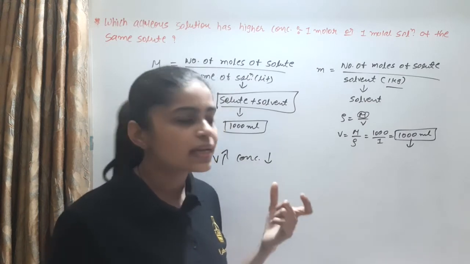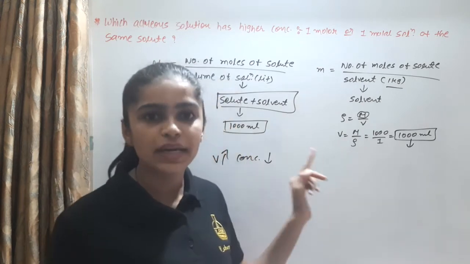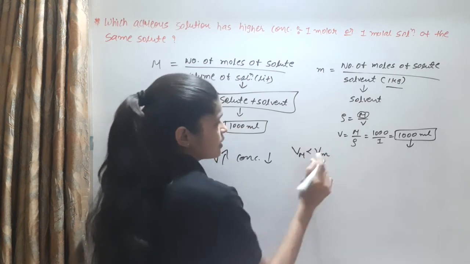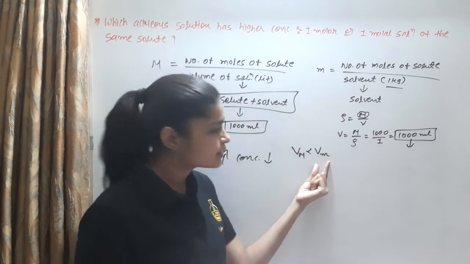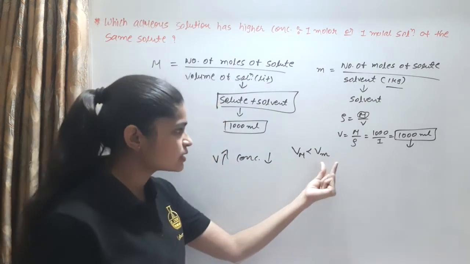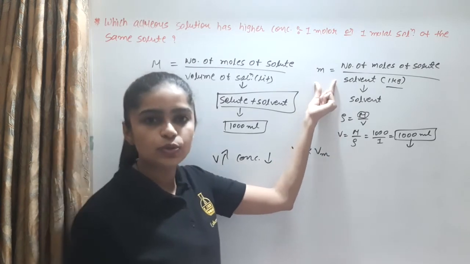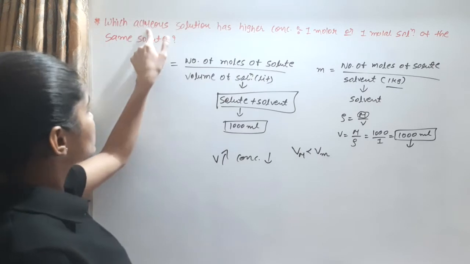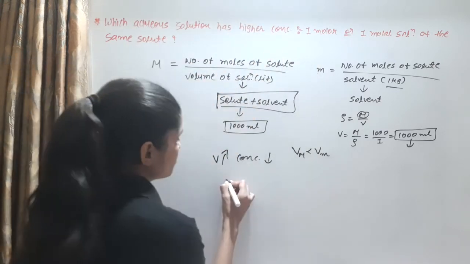So we can say that the volume of the molal solution is more than that of the molar solution. The volume of the molarity is less than the volume of the molality. That way the volume increases in molality, so the concentration decreases in the molal solution. So the answer: the higher concentration is the 1 molar.